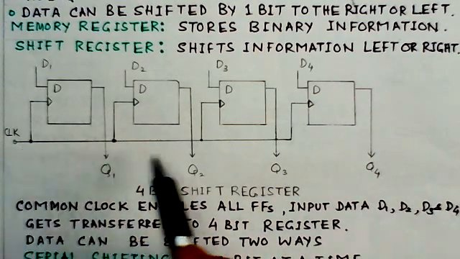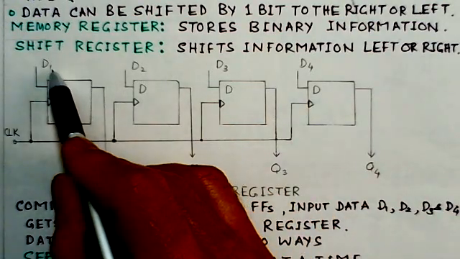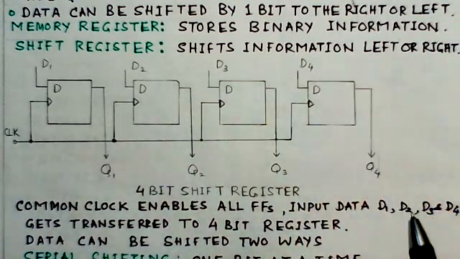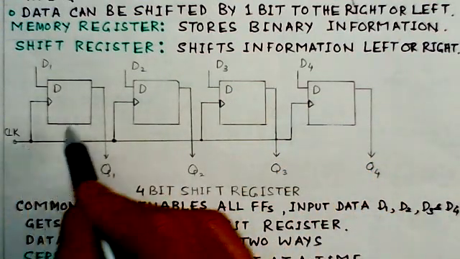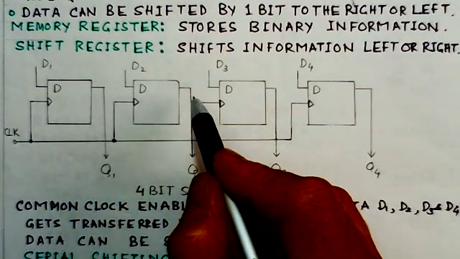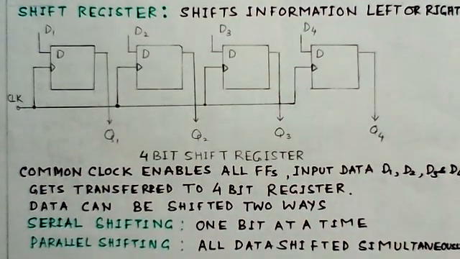That means the clock is applied simultaneously to all these flip-flops, and the data D1, D2, D3, D4 are the data inputs, and the data on a single clock gets applied to these flip-flops in parallel.